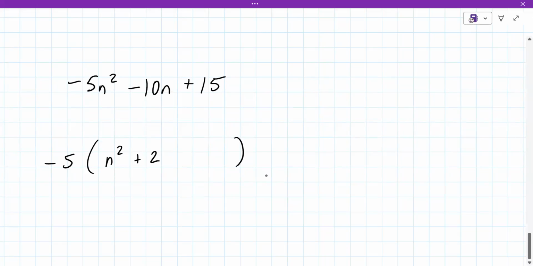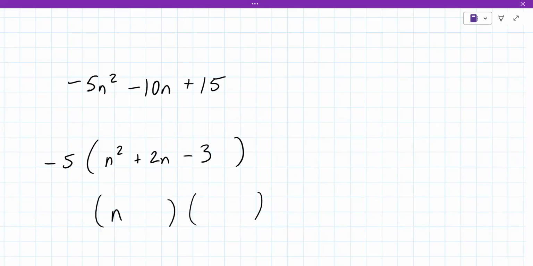Minus 3. Okay, what happened to the n? Oh, like 2n, sorry. 2n minus 3. Okay. All right. Can you try factoring this for us from here, please? So -5 on the outside. n minus, wait, no, sorry.